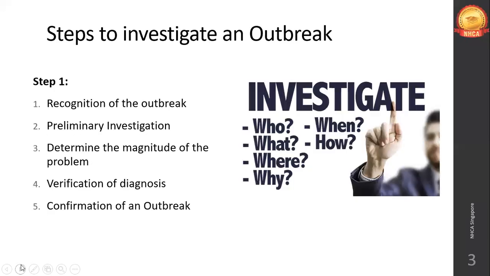Now, the first step is recognition of an outbreak. So now you understood that there is an increase in the number of cases of a particular infection, and there is a rise of prevalence of that organism among that population. So you recognize that there is an outbreak going on. Next, under step 1 is preliminary investigation. In the preliminary investigation, first you have to make a case definition.